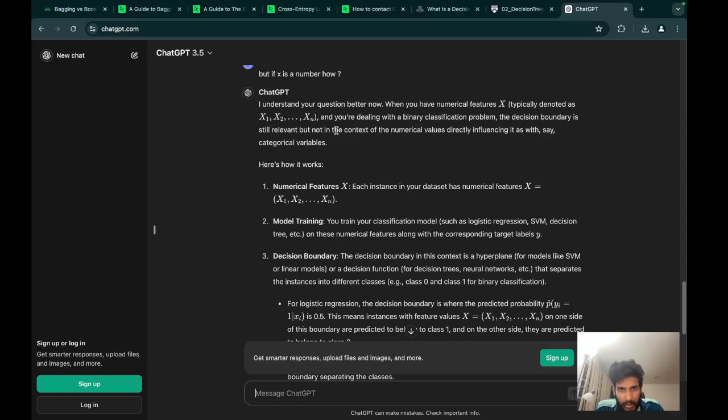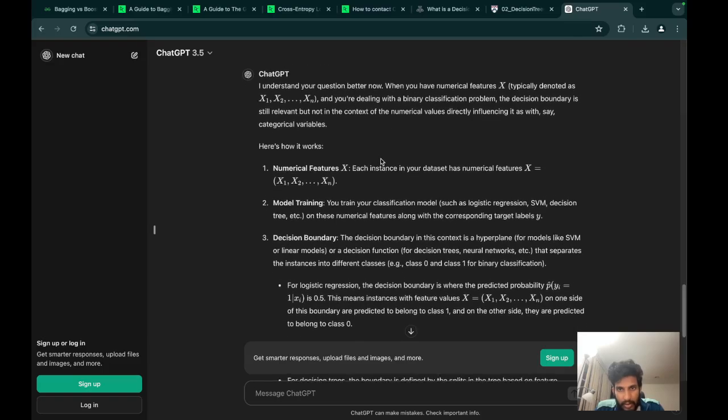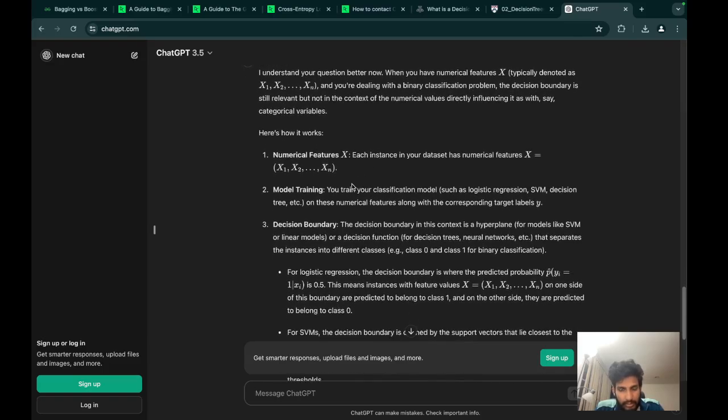Position boundaries still and whatnot, in the context of numerical values directly influence.